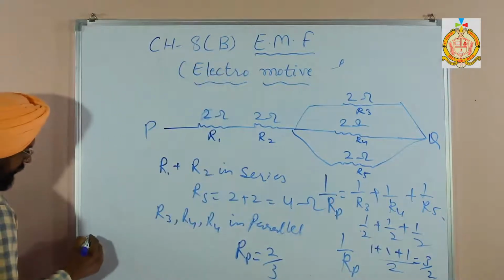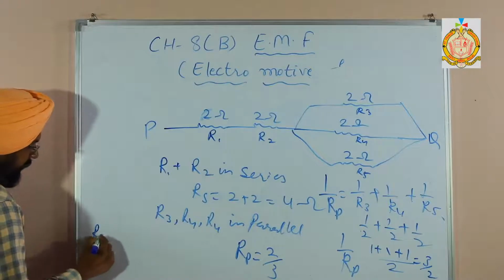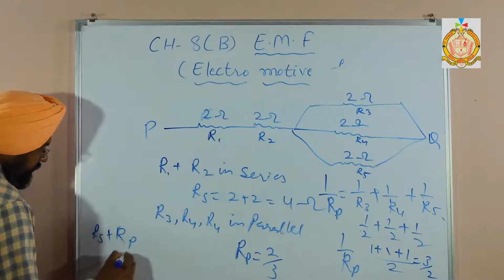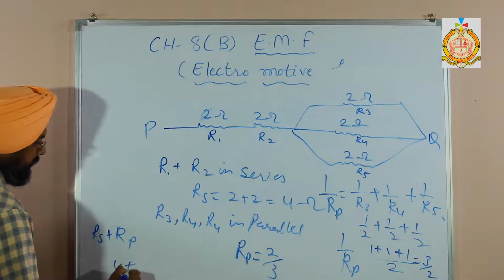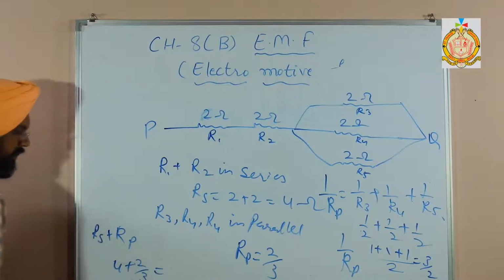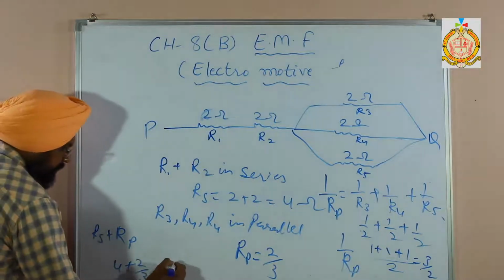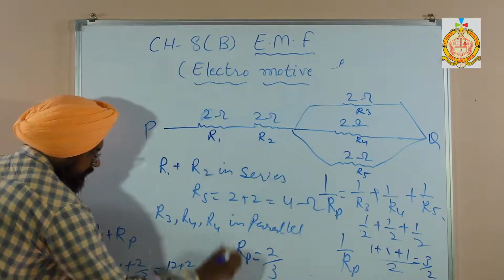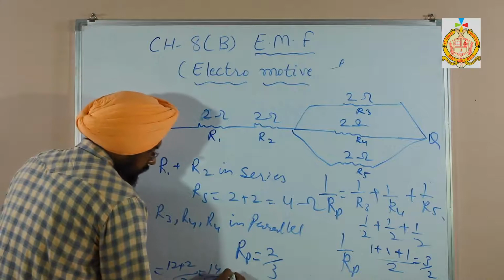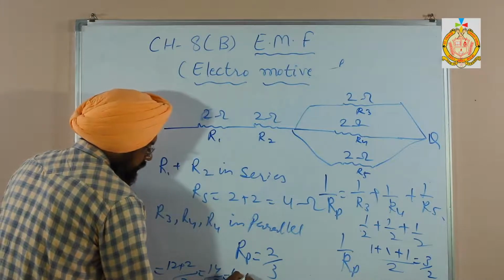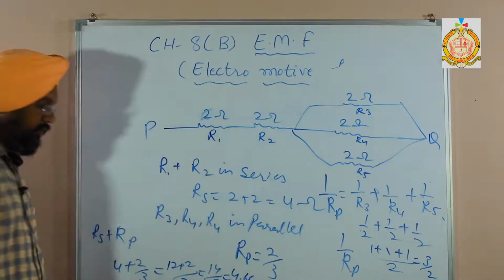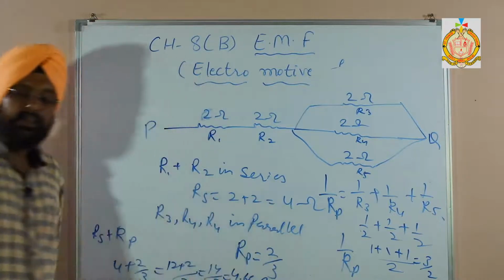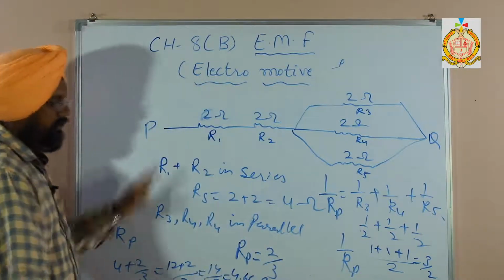Now total resistance is equal to R series plus R parallel, that is 4 plus 2 upon 3. Take the LCM: 12 plus 2 upon 3 is 14 upon 3, which becomes 4.66 something ohm. This is the resistance of this sum.